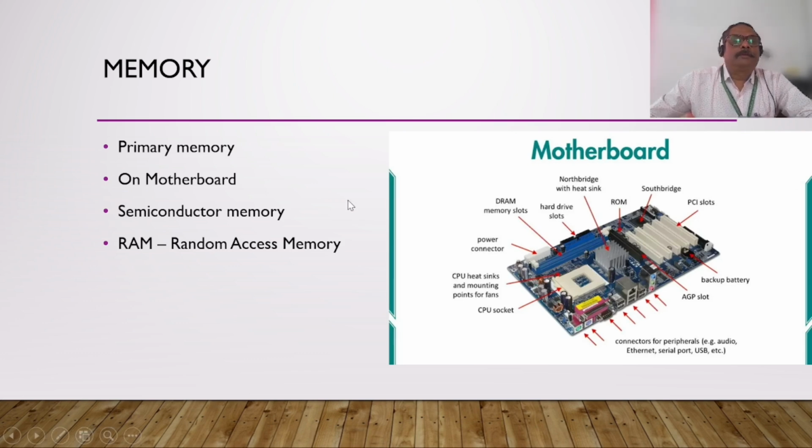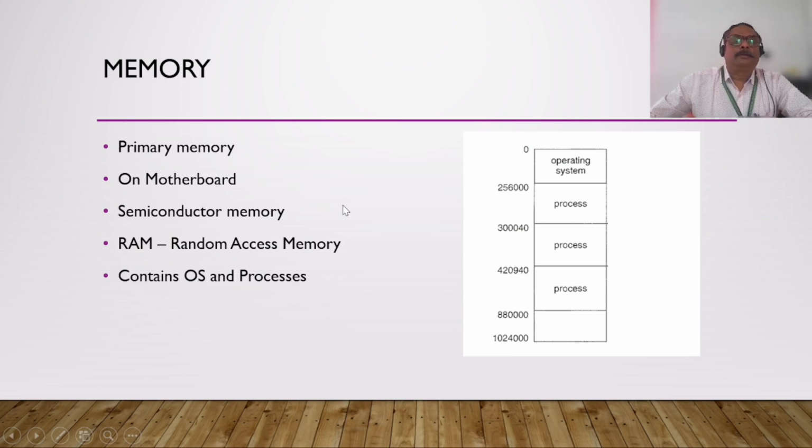Okay, that's random access memory, and this random access memory contains the operating system as well as the processes. So there's a random access memory of a particular size, and in that some part of the memory is occupied by the operating system and the other part of the memory is available for the processes to occupy.